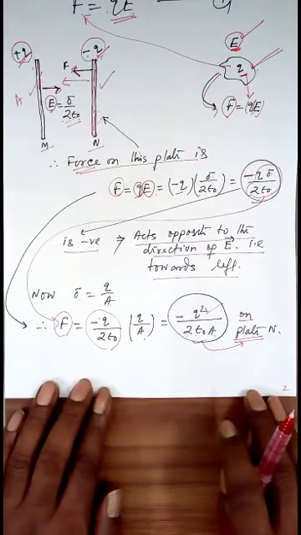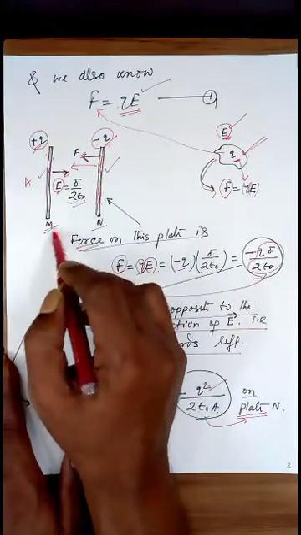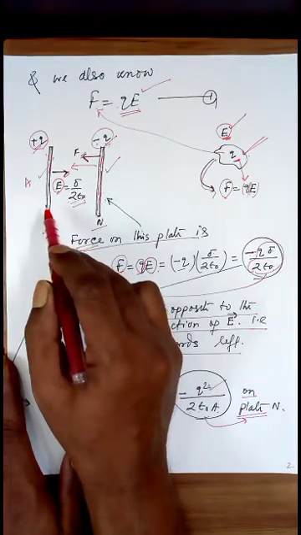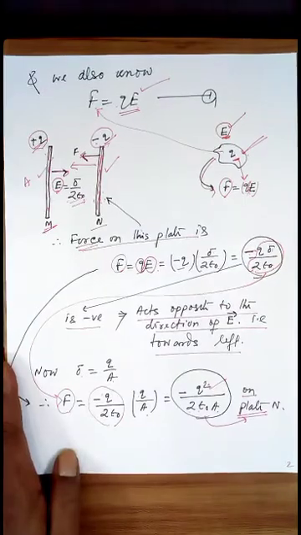Similarly, to find the force on plate M, we have to consider the charge of this plate and the field of the other plate. That is what I am going to show you in the next page.